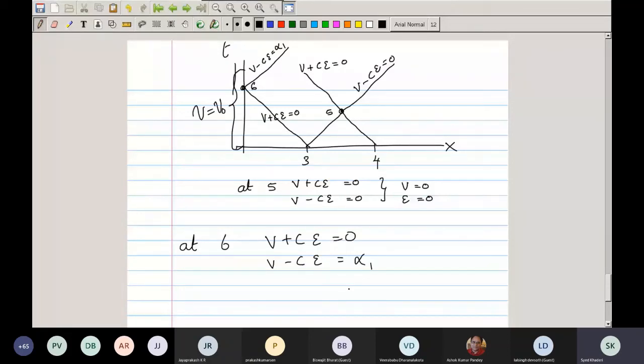At 6, I know that velocity is v naught. I don't know my strain and I don't know my alpha 1. So I have two equations and I have two unknowns.